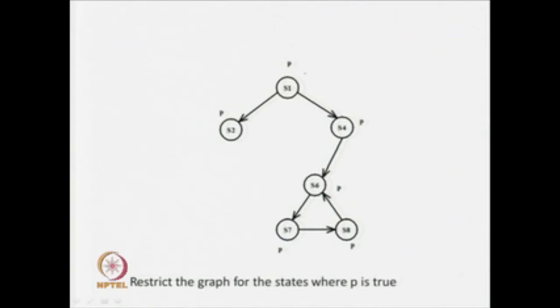Now, see here all the states are labeled with P, because these states will be candidates for EGP. If P holds globally along a path, fine. If P is not true in any state, then there is no question of having EGP true at that particular state. So, we are restricting the graph where only P is true.